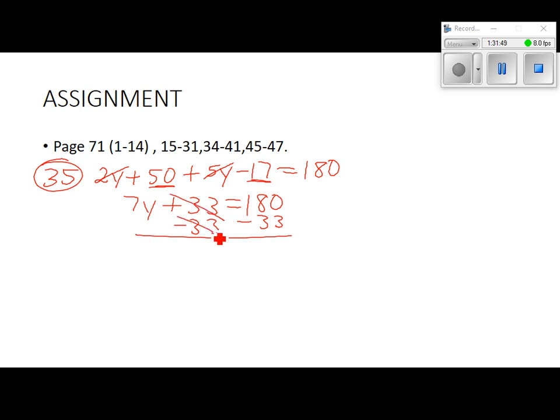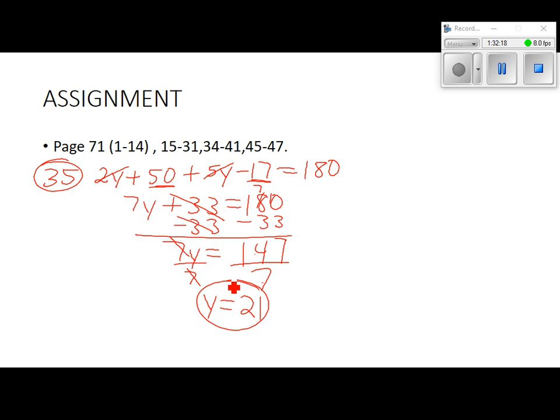Those cancel out. 7y equals, borrow here, that's 7 for 147. Divide by 7. 7 will go into 14 twice. 7 will go into 7 once. So y equals 21. Now, again, part of my book I can't read because it's ripped up.